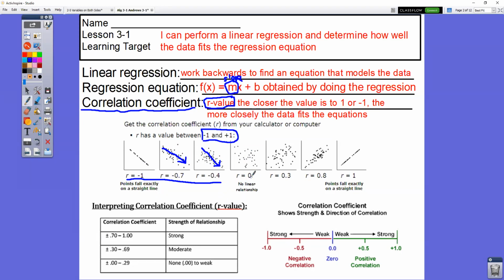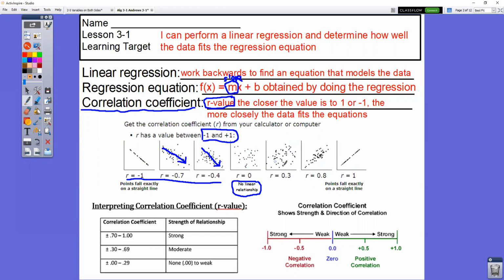When your R value is 0, there is no relationship. The dots are scattered all over the place. You can't tell if your dots are going up or if the dots are going down. Those dots are all over the place when it has an R value of 0. Now, as we get closer and closer to 1, now our dots are going to start going up again.